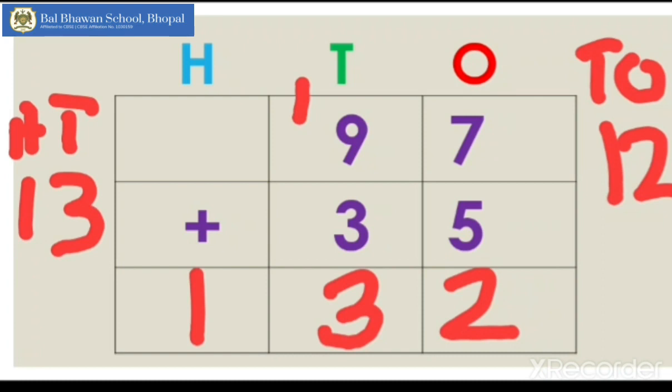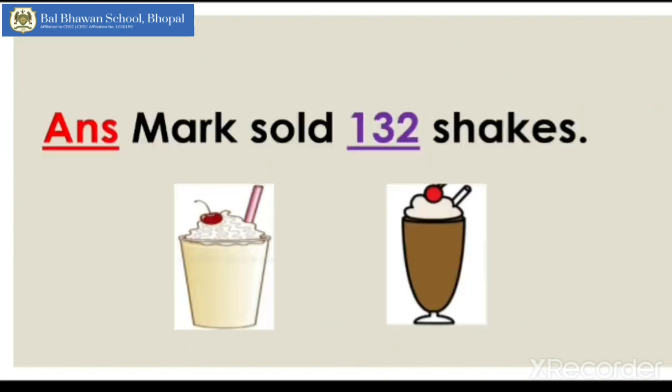So this 1 we will copy as it is under hundreds place. Now what is the total, what is the answer? It is 132. So children, how many total shakes were sold by Mark? Mark sold 132 shakes.